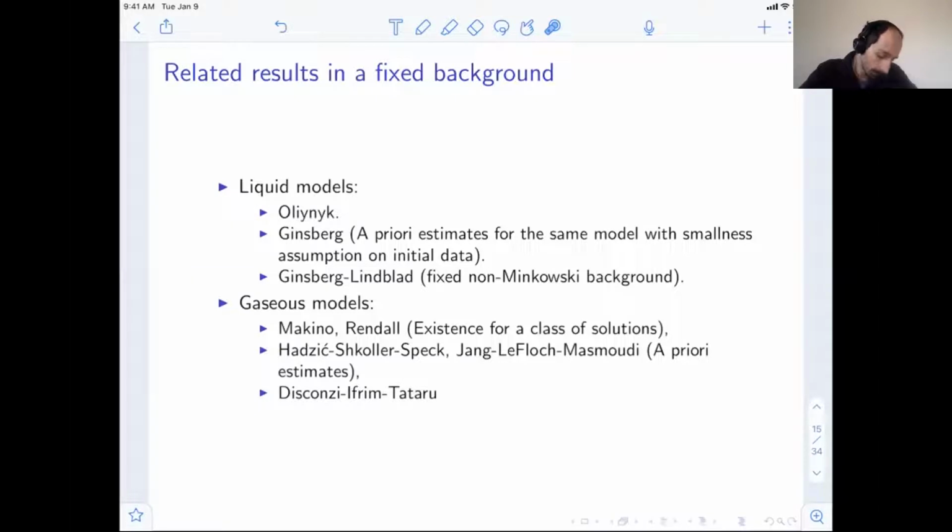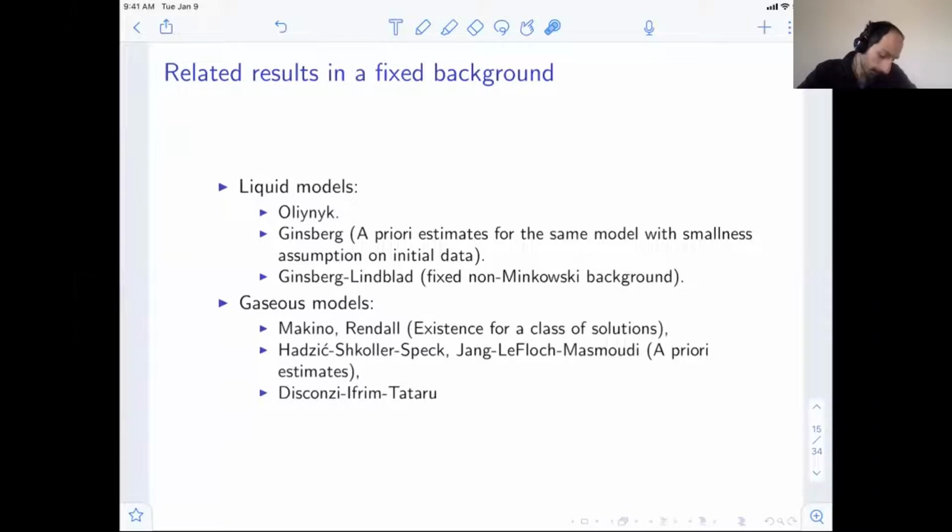And then in the liquid case, there were other works. There was work of Ginsburg in the case of some additional smallness where he proved a priori estimates. And then much more recently, there was work of Ginsburg and Lindblad, maybe a couple months ago. Again, everything on this slide is on a fixed background, not coupling to Einstein, and for a fixed background which was not the Minkowski background.